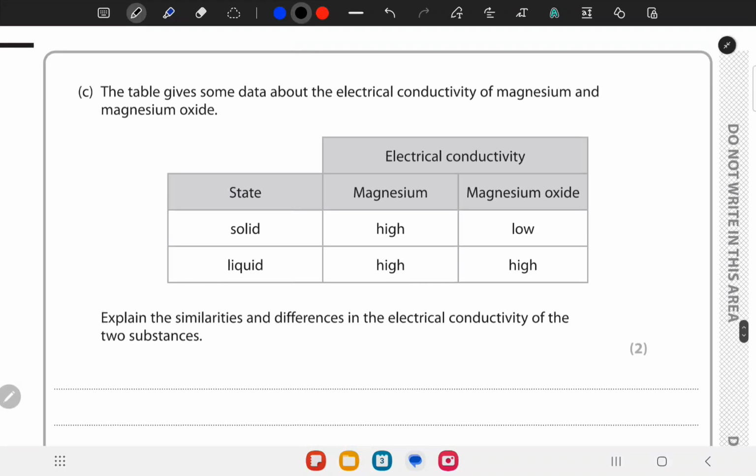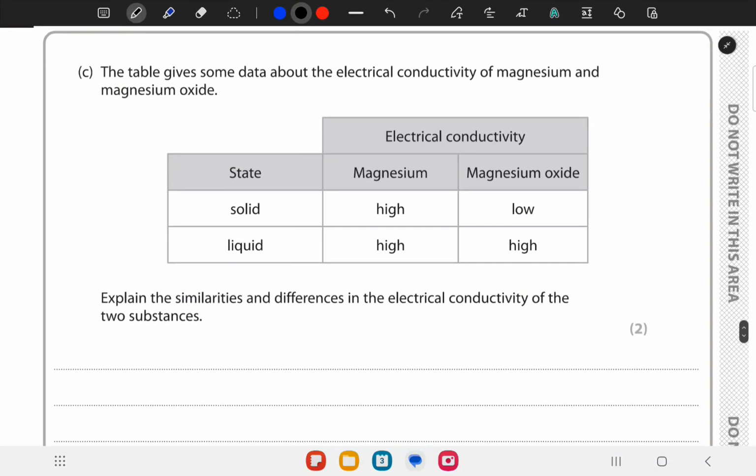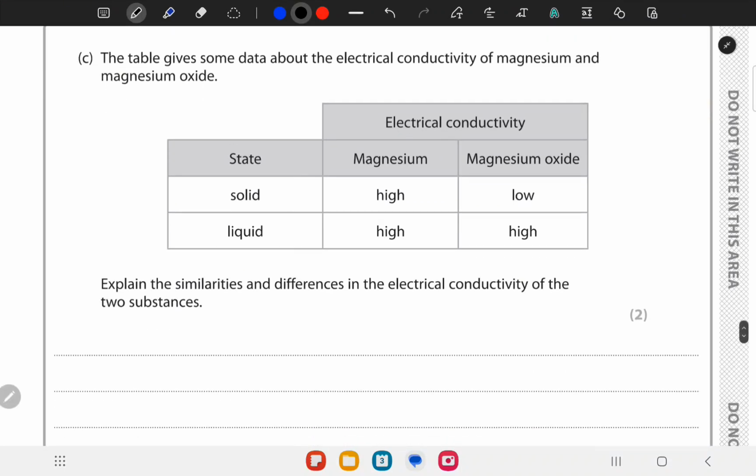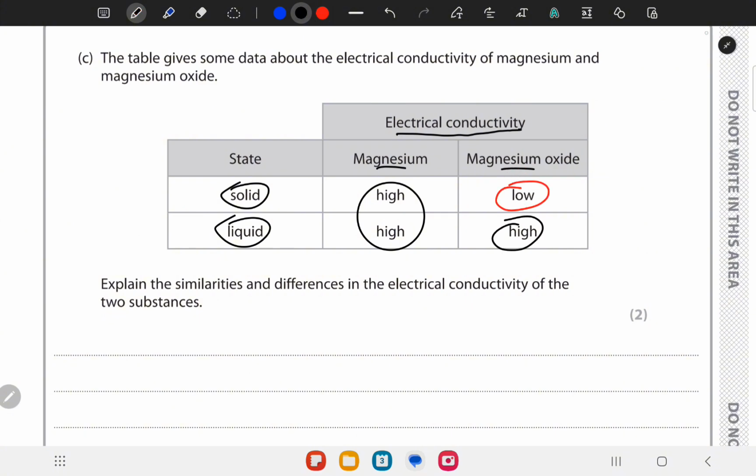Now in part C, we are given this table of the electrical conductivity of magnesium and magnesium oxide in solid and liquid form. Magnesium has a high electrical conductivity in both solid and liquid form, while magnesium oxide has a low conductivity as a solid and high as a liquid.